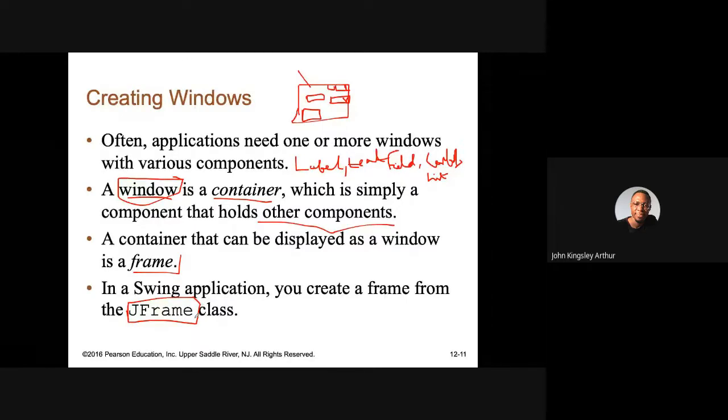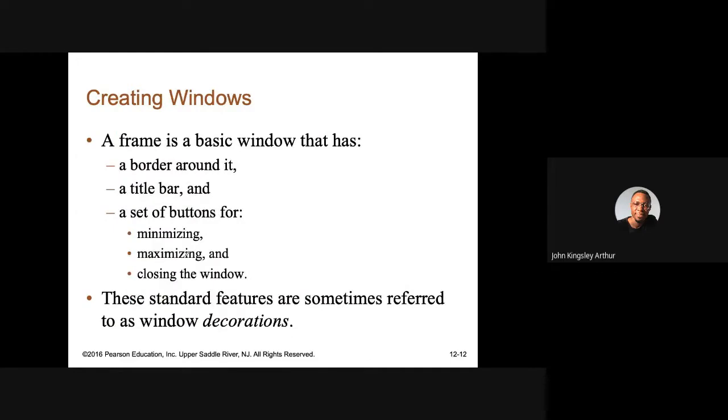What I would want you to quickly remember for now is that to help us create these windows, we are going to make use of what? The JFrame class, because we want to build frames. The frame is simply what is going to form the graphical user interface.